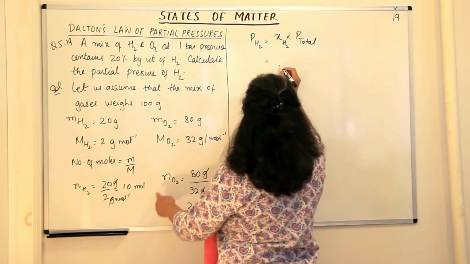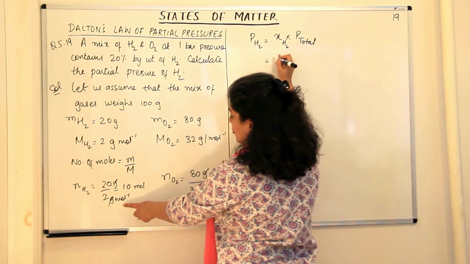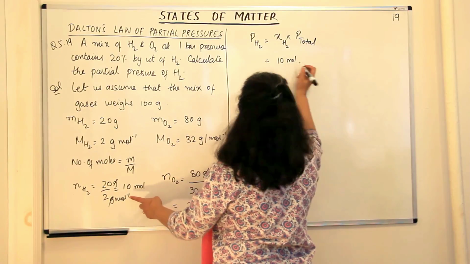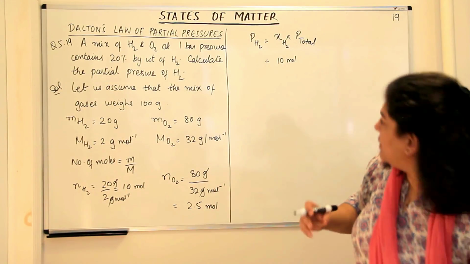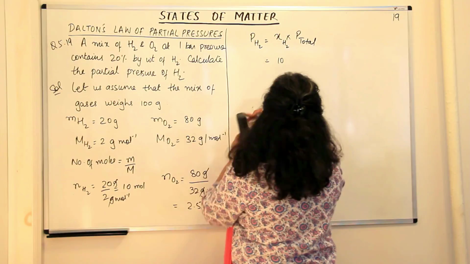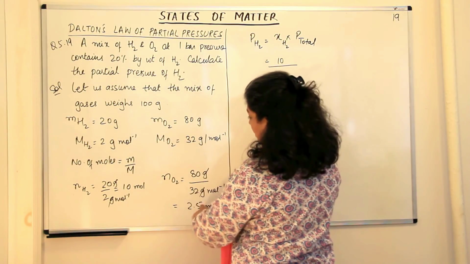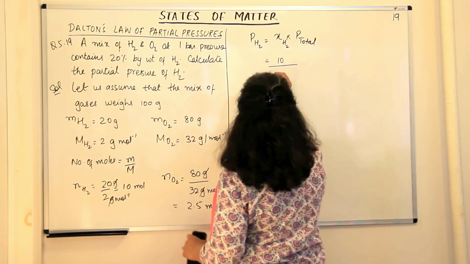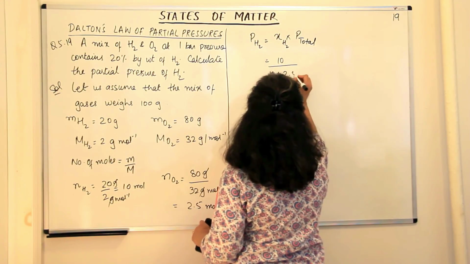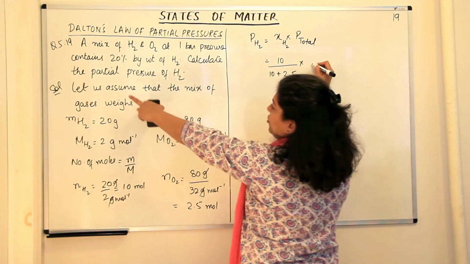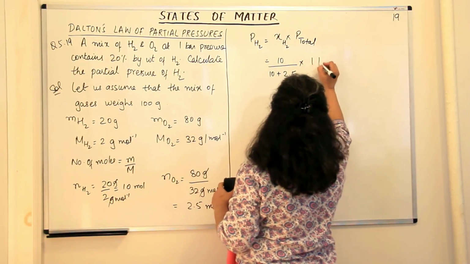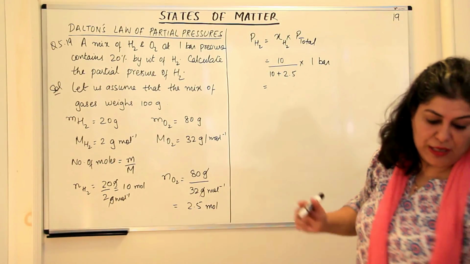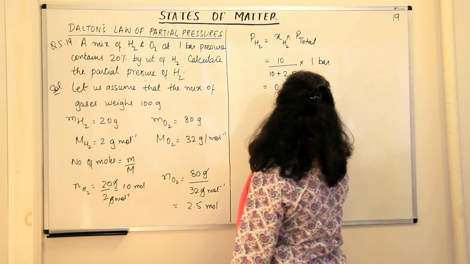Mole fraction of hydrogen would be number of moles of hydrogen, 10 moles, and since it's a fraction, it will have no unit, so we could cancel out the unit, divided by the sum of the two numbers of moles. So it will be 10 plus 2.5, into, what is P total given to us? P total is 1 bar, right? From this, when you calculate the partial pressure of hydrogen, it will come to be 0.8 bar.